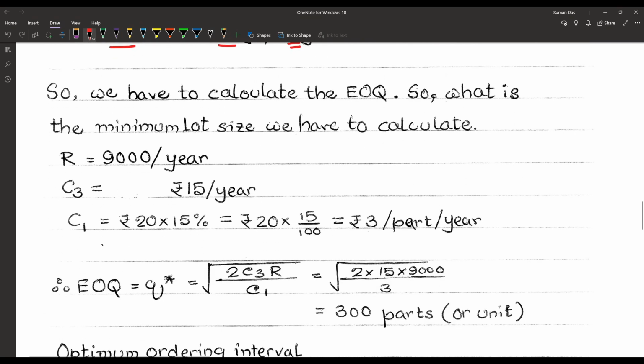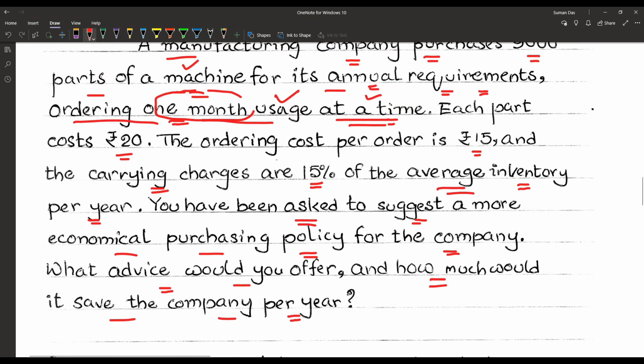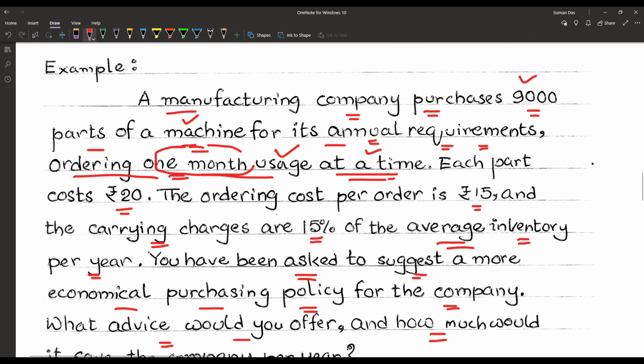So we have to calculate the EOQ at first. What is the minimum lot size we have to calculate? R has been given as 9,000 per year. C3 has been given as rupees 15. Let's check once again: the manufacturing company purchases 9,000 parts of a machine per year, that means the annual requirement, and each part costs rupees 20 and the ordering cost per order is rupees 15.